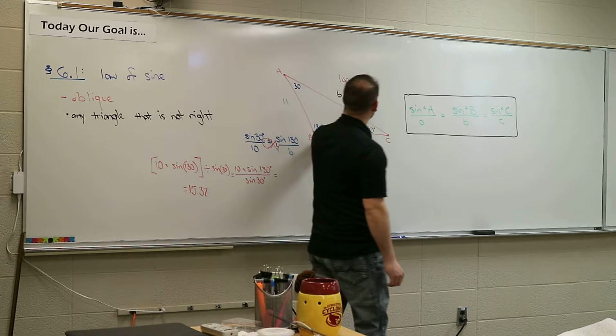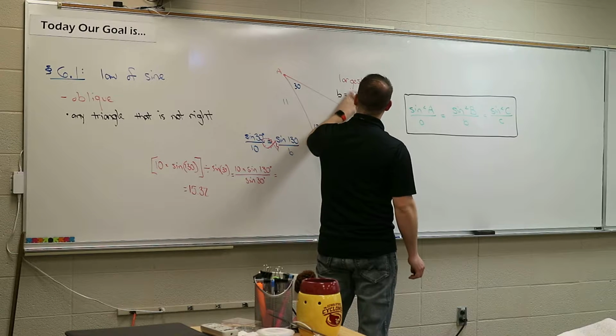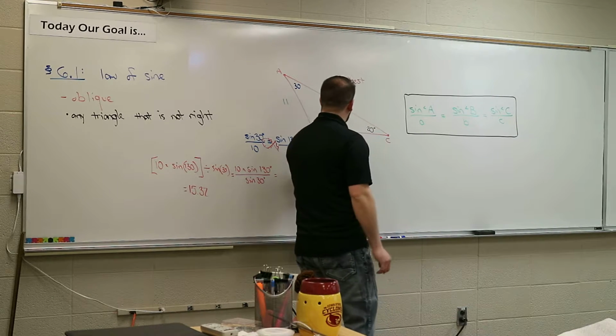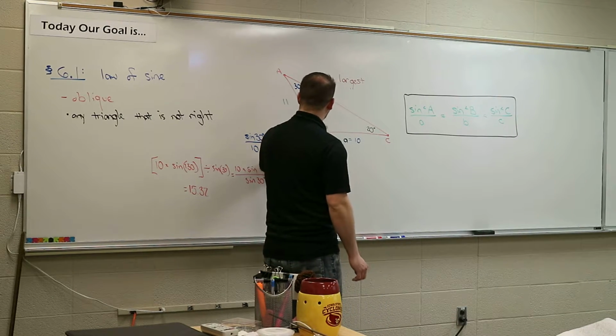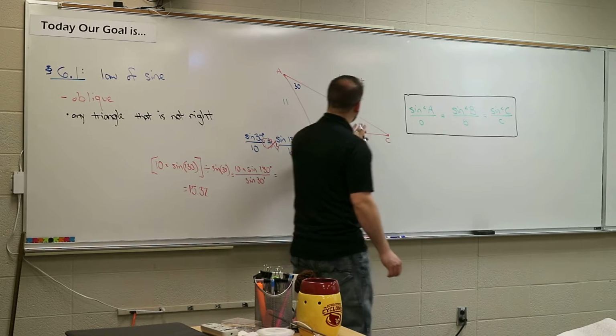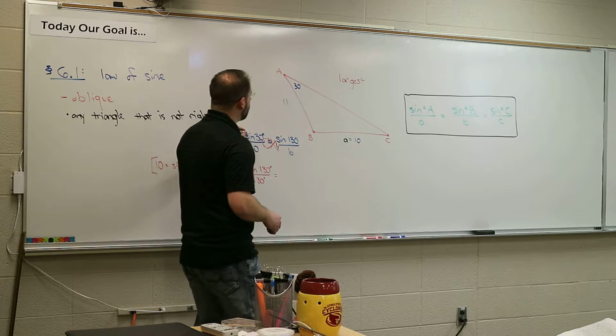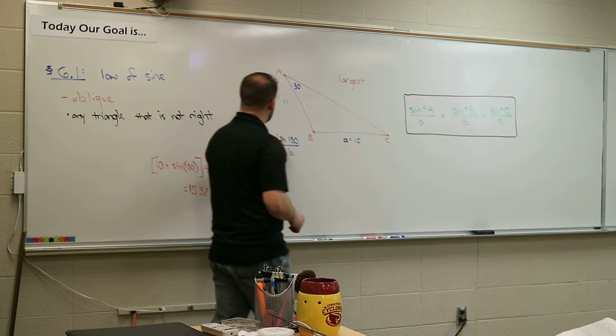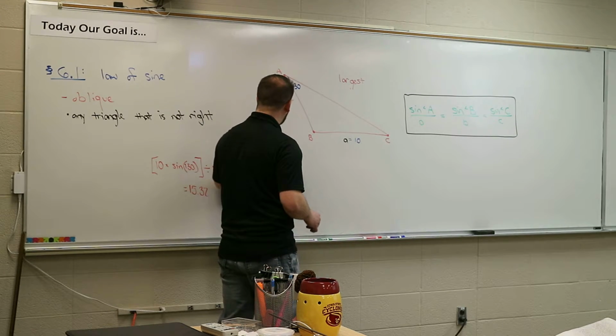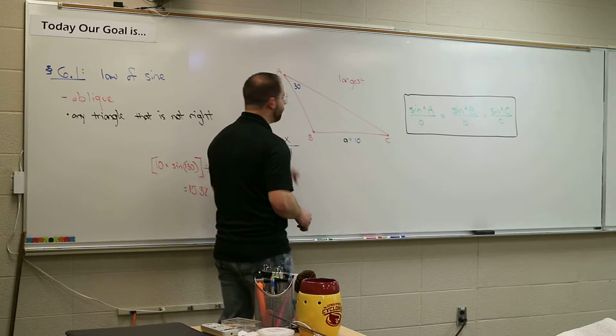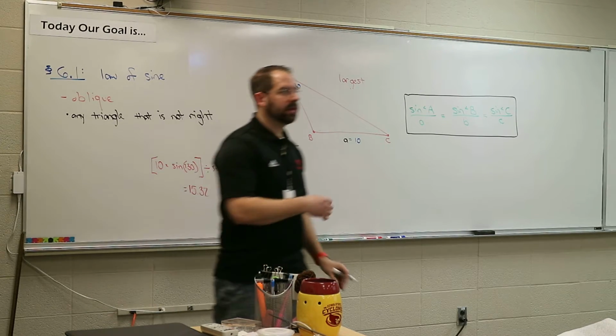And I'm going to ignore all these other numbers here. So I'm going to get rid of these other ones. Let's leave the 10. Let's get rid of the 130. So here's what we have so far. Now, I don't know if this will actually work out to be 20 because I'm making up these numbers. But you're going sine of 10, and then on this next part, you're going to put an 11 down here. And I need to find the angle on the top, the angle that's across from it.